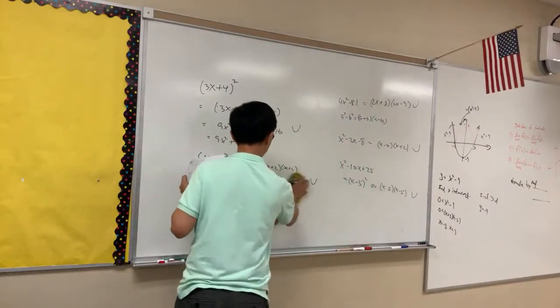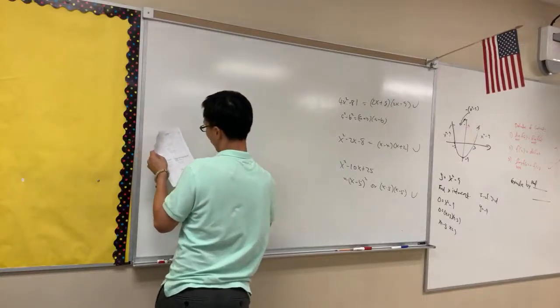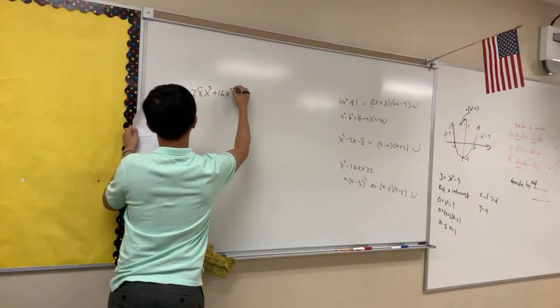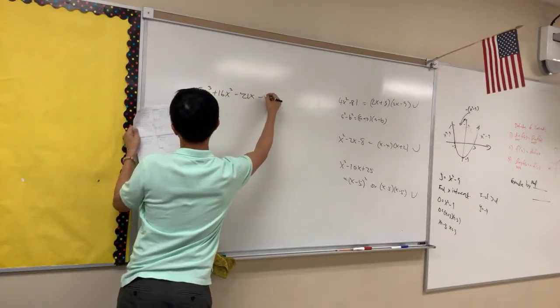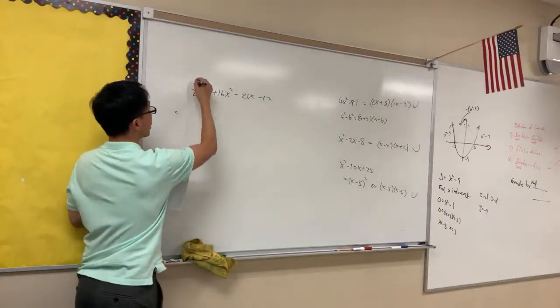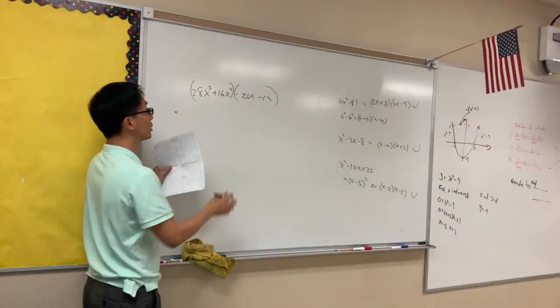Alright. We are almost done. We only have 2 more pages. We are almost there. Okay, so if you got here, you're gonna put parentheses around the first 2 terms because it's a 4-term factoring.